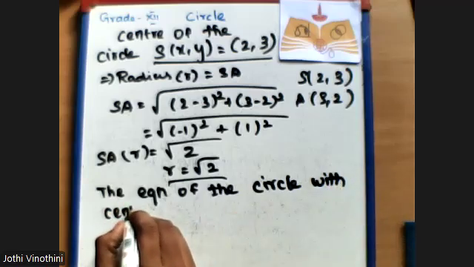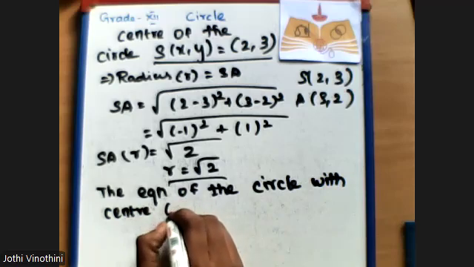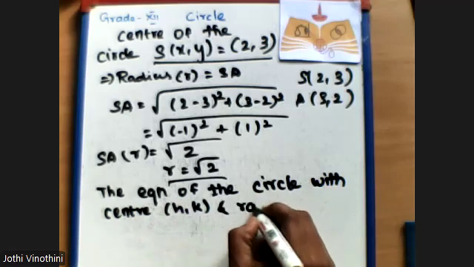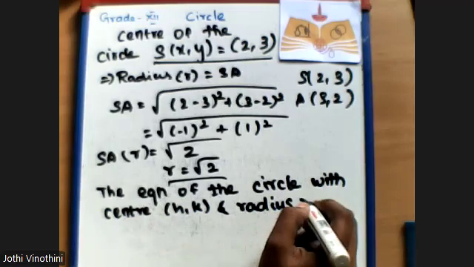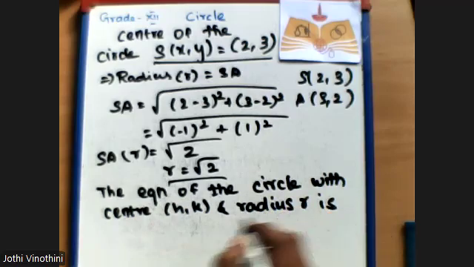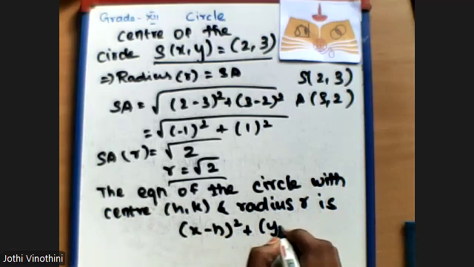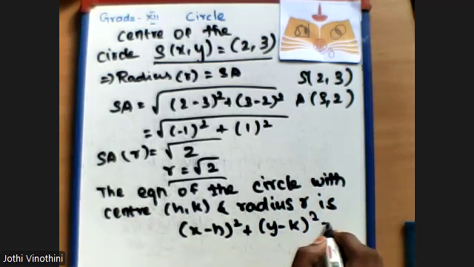When we have the center and radius, take the center as h comma k and the radius as r. The equation is (x minus h) the whole square plus (y minus k) the whole square equals r square, right?